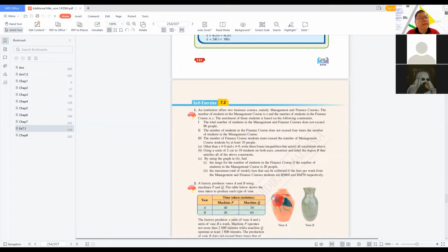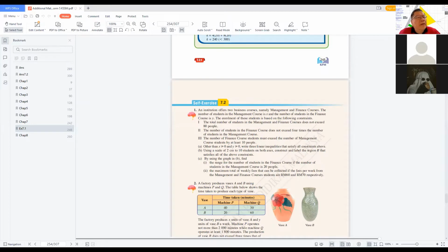An institution offers two business courses, namely management and finance course. The number of students in the management course is X and the number of students in the finance course is Y. The enrollment of these students is based on the following constraints.